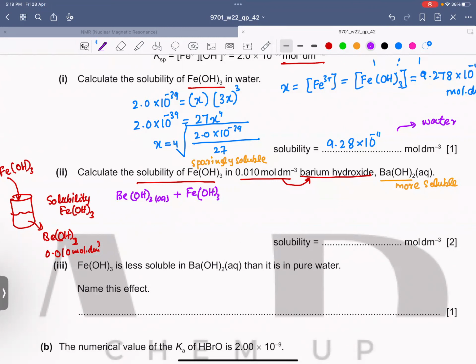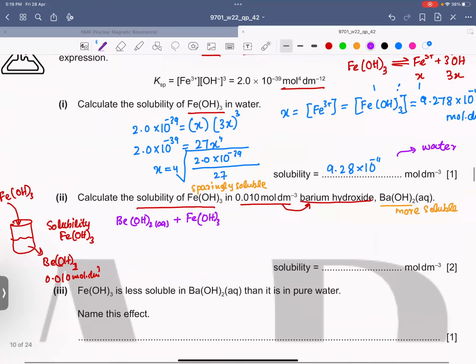Now, if we are mixing these two, then what would happen? Actually, we have iron 3 positive ions in the aqueous state. We have barium ions, sorry, not beryllium, barium ions in the aqueous state. And we have hydroxide ions in the aqueous state, right?